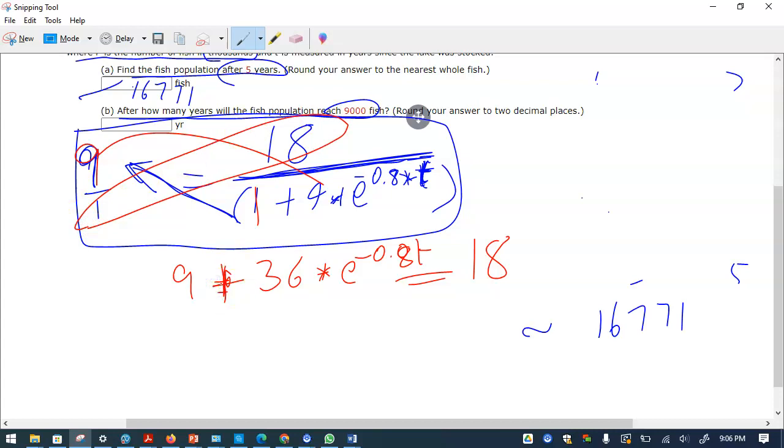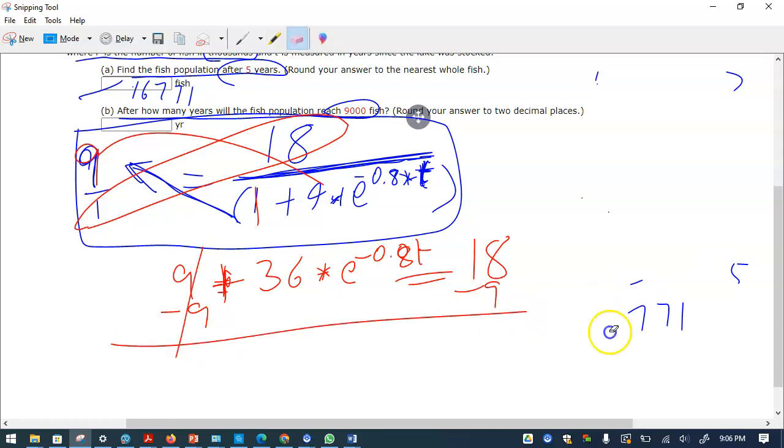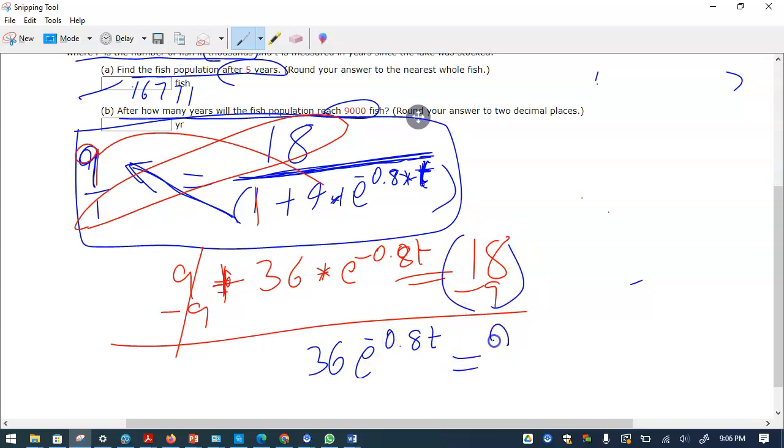Now you subtract 9, and this goes away, to get 36 e raised to minus 0.8t equals 18 minus 9, which is 9.